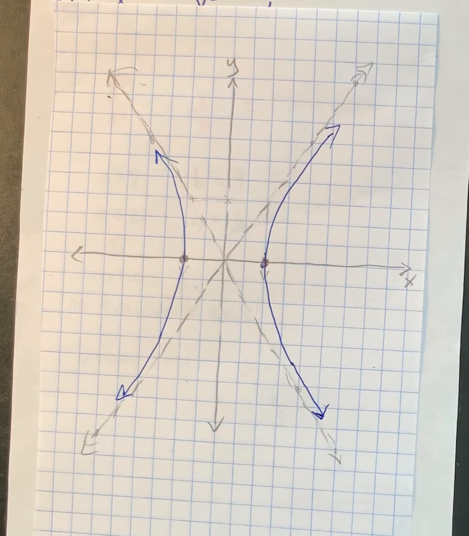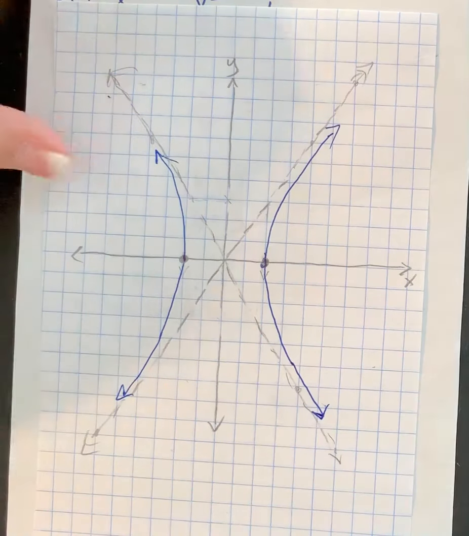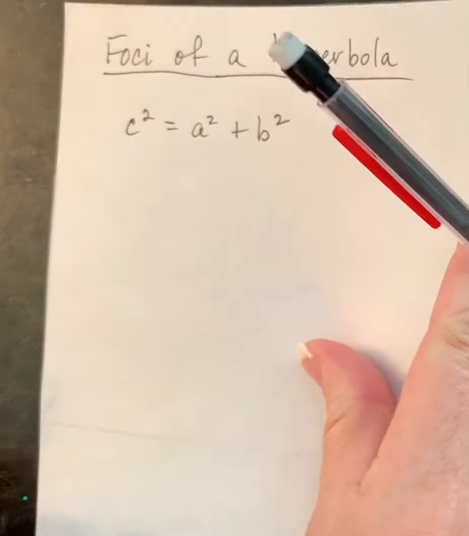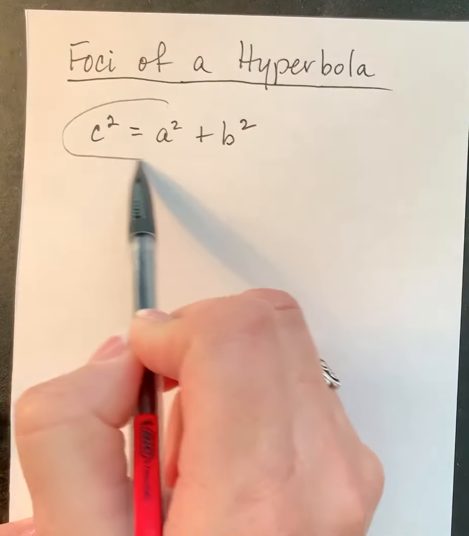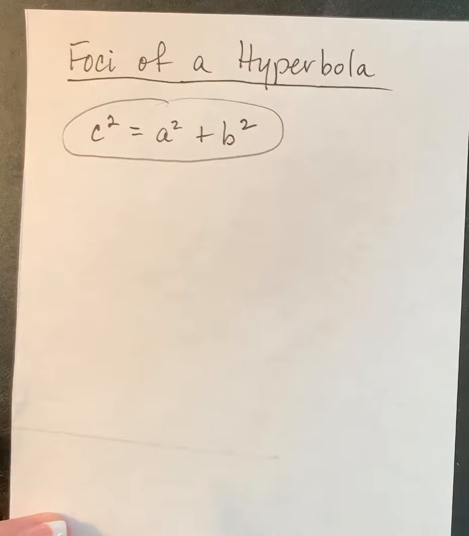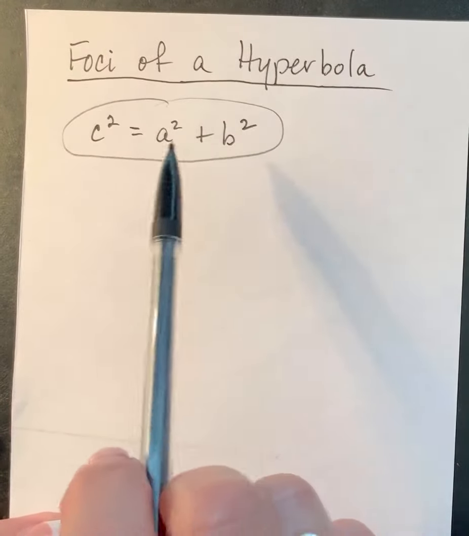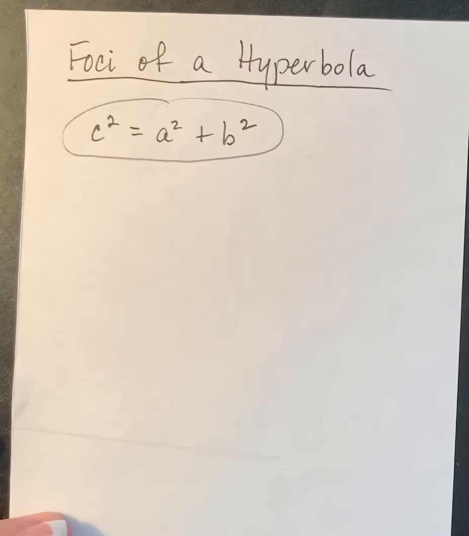Now, if you need to find the foci, or if they tell you the foci and you're supposed to draw something else, the basic rule for the foci of a hyperbola is c squared equals a squared plus b squared. So this is like the Pythagorean theorem. This is for the hyperbola. Remember, for the ellipse, it had a minus.